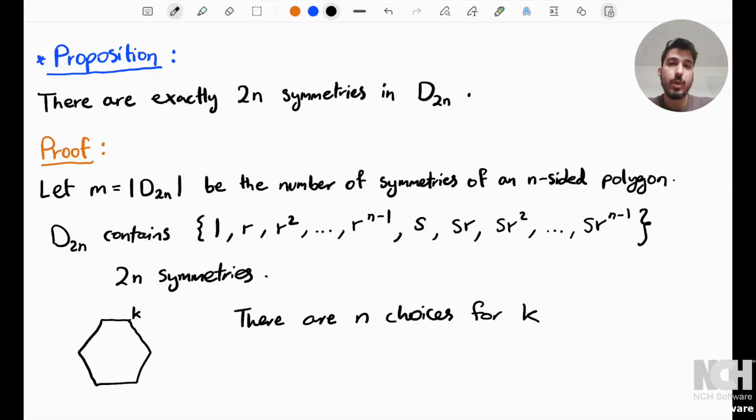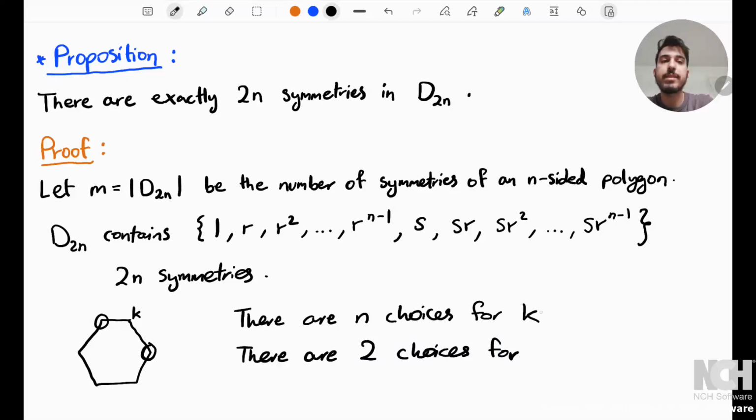Well, K plus 1 and K minus 1 have to be next to K, and they cannot be anywhere other than the places that are next to K. And how many places do I have for these? I have 2. So there are 2 choices for, let's say, K plus 1.